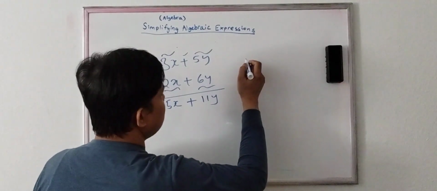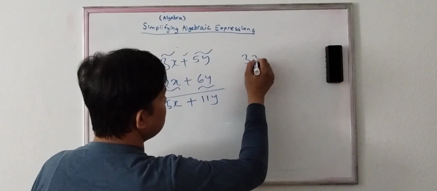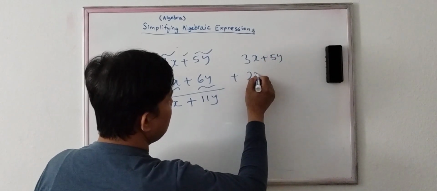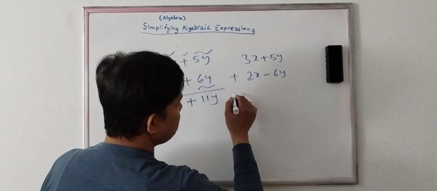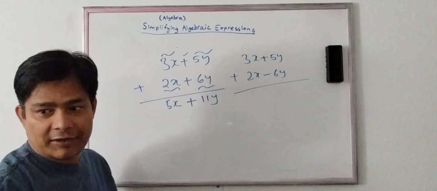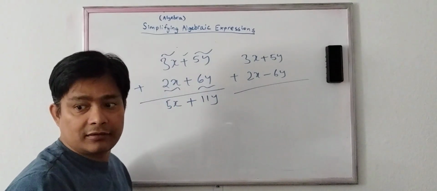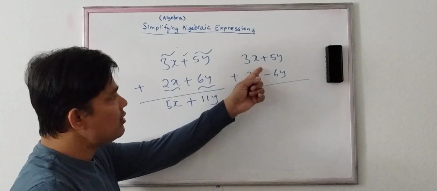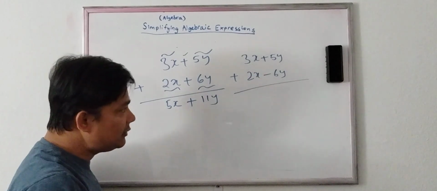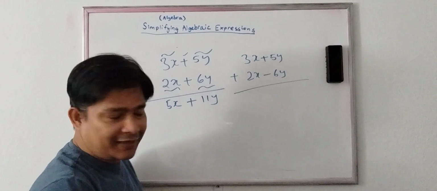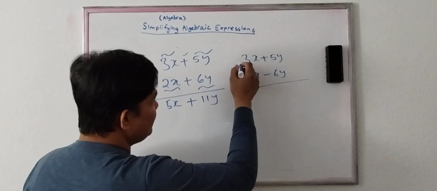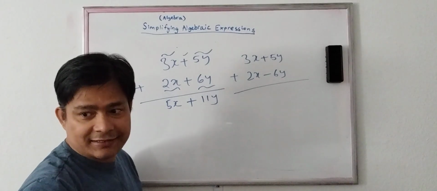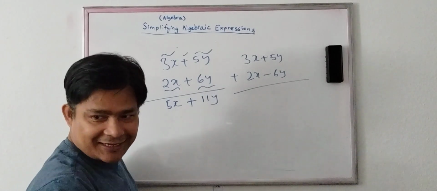Let me take you through another example. 3x plus 5y plus 2x minus 6y. Now we have a different mathematical operation. What will we do? Same thing. This has a plus sign. If a sign is not there, it means it has a plus sign.